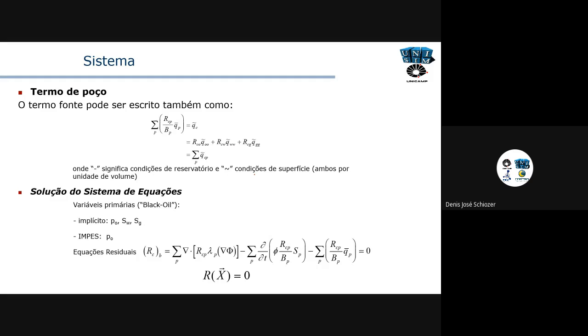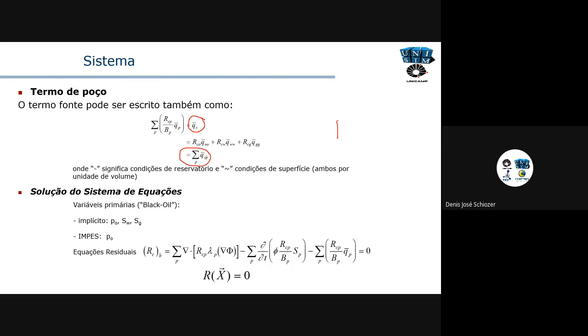The well term is easy. You just have to account for the amount of components going in and out. Taking this amount of gas going in and out, we have to know how much of each phase is going in and out of the block. For example, if we are injecting water in the block, the water is only in the water phase, so we account for the water that's being injected.